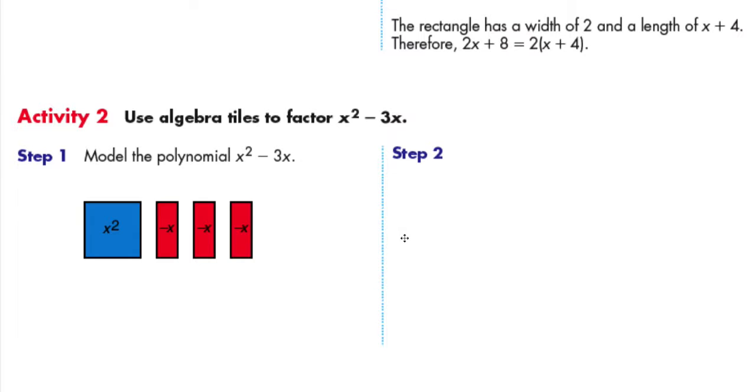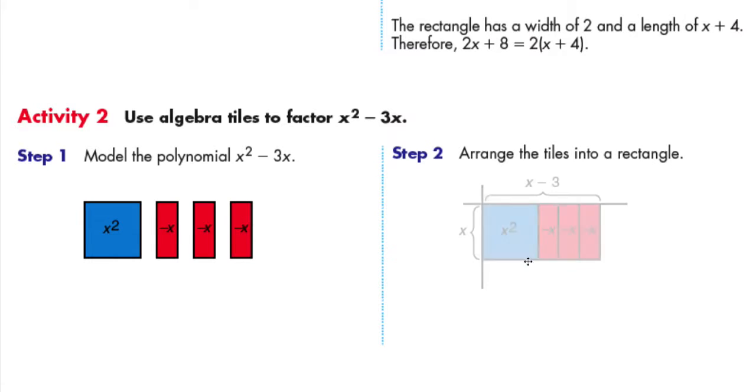Step number 2, just like what we did in activity 1, we arrange them into a rectangle. After you arrange them into a rectangle, we now have the dimensions. One is x, because this is x right here.